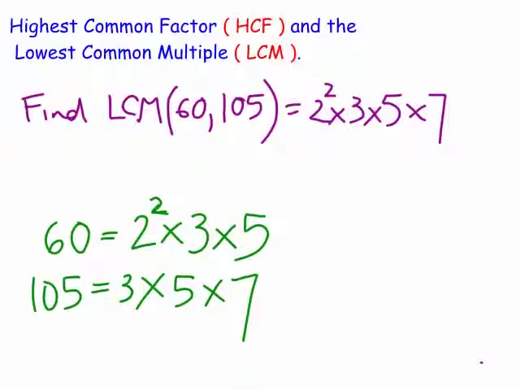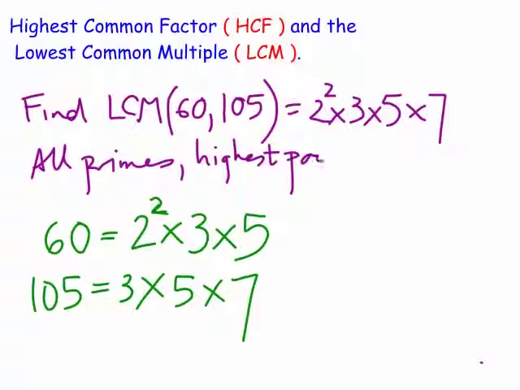So first, let's write that down. It's all the primes in both numbers, and it's the highest powers. Now we need to work out this, 7 times 6 of 400, looks like about 420.